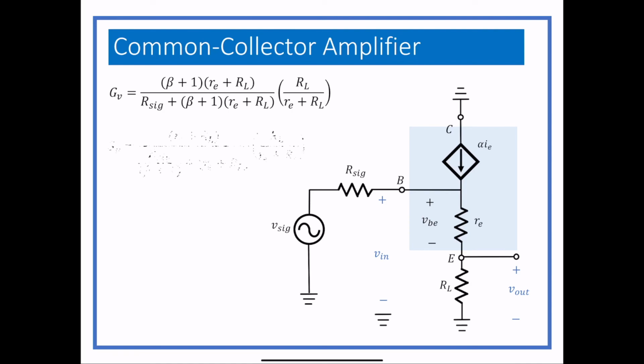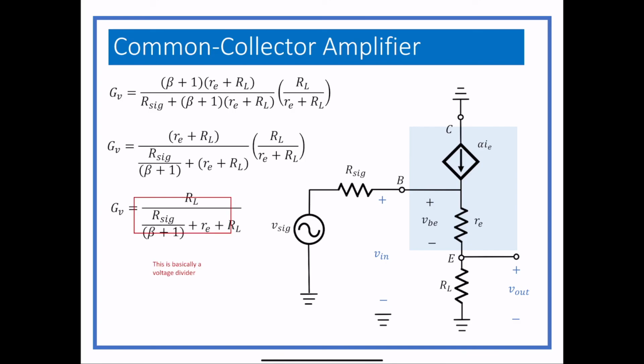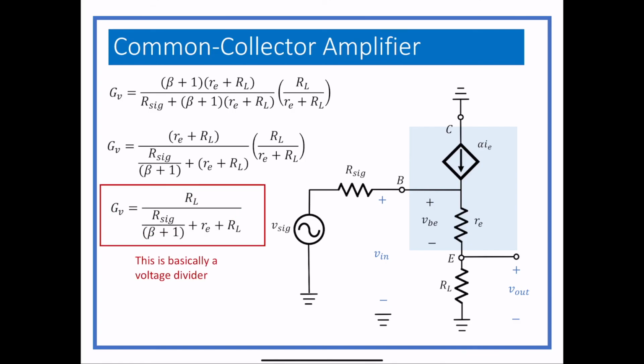So I'm going to just move things a little bit. What I did was I divided everything by beta plus 1 to get rid of the beta plus 1. And now I've got RE plus RL in the numerator and RE plus RL in the denominator. So I can kind of cancel that. And we end up with RL over R signal over beta plus 1 plus little re plus RL, which is pretty much just a voltage divider.